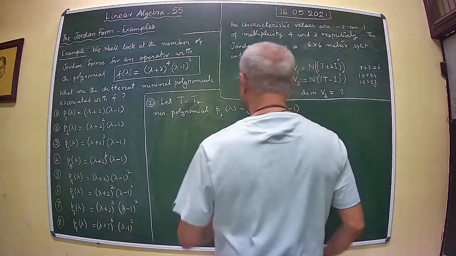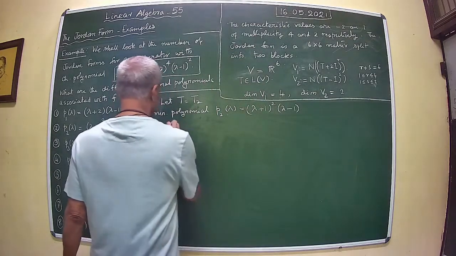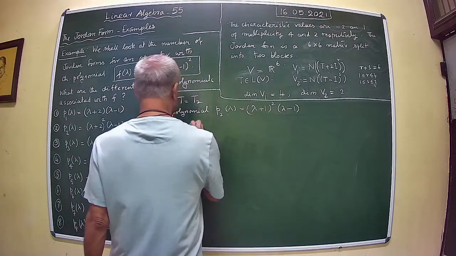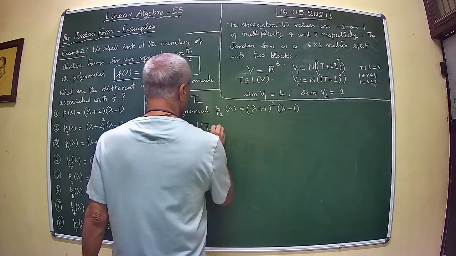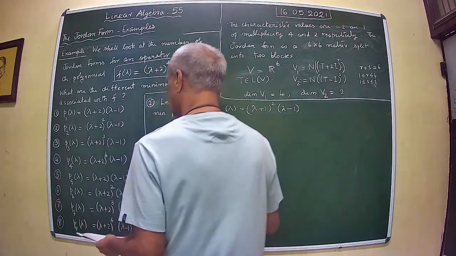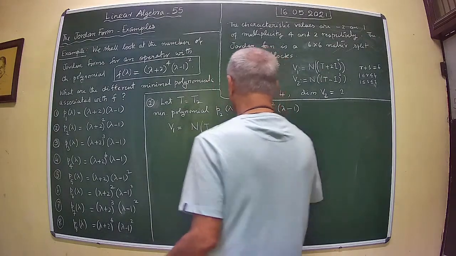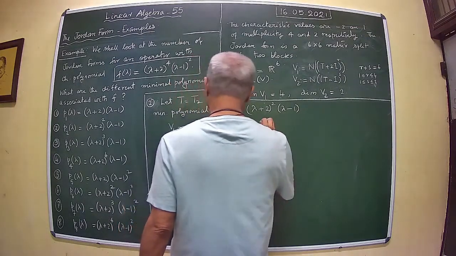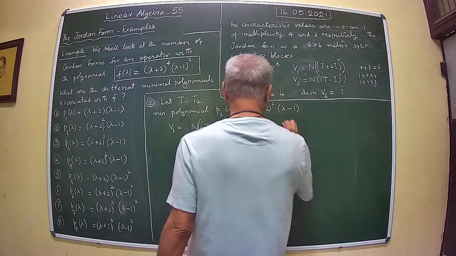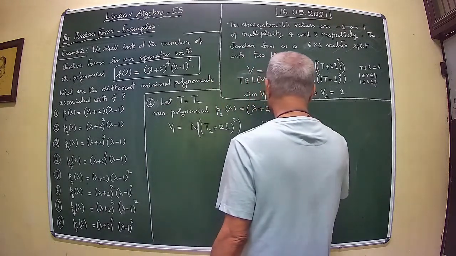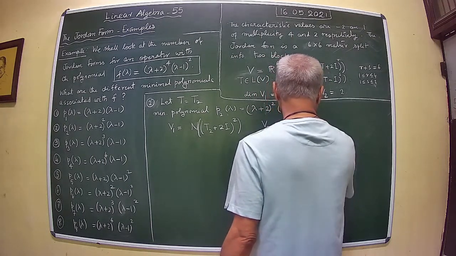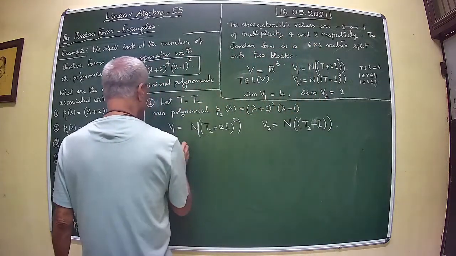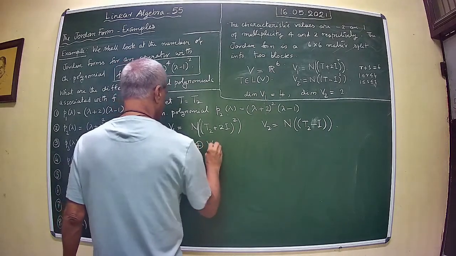Therefore, you see that you have again breakup V1 equal to, what is it, null space of T2 plus 2I whole square and V2 equal to null space of T2 minus I. So V equal to V1 plus V2.